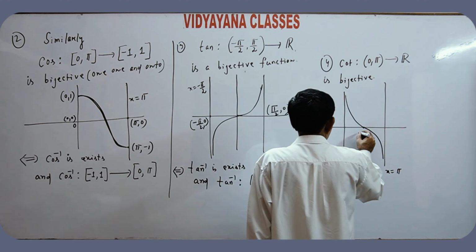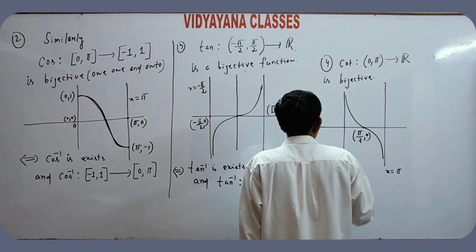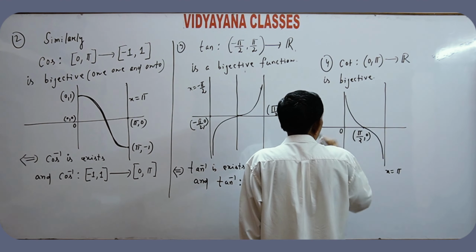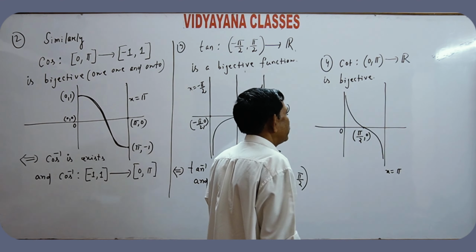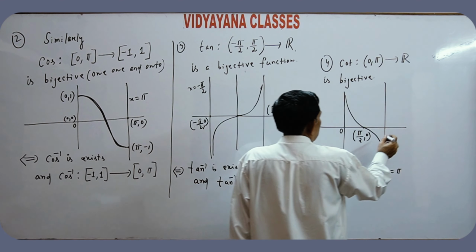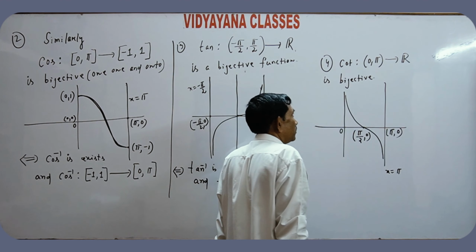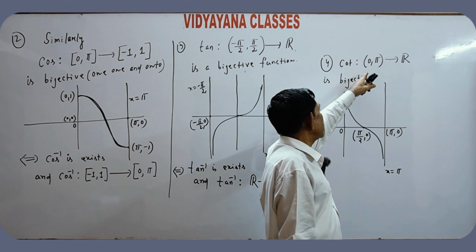This point is (pi by 2, 0). It is the origin. This line is x equal to pi. And this point is (pi, 0).